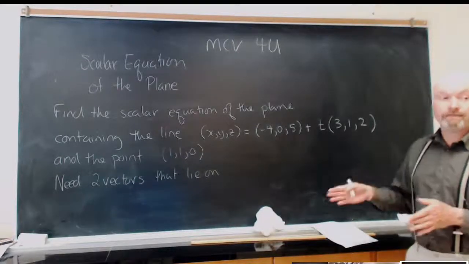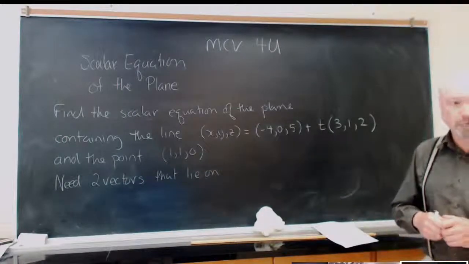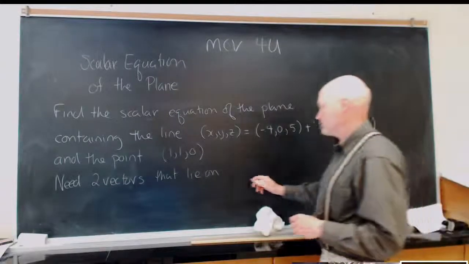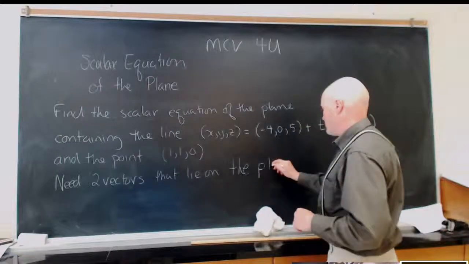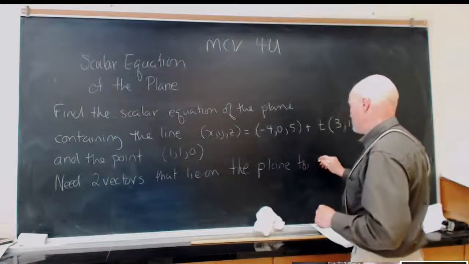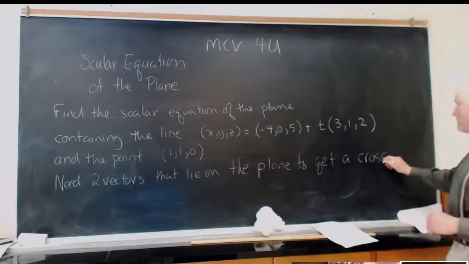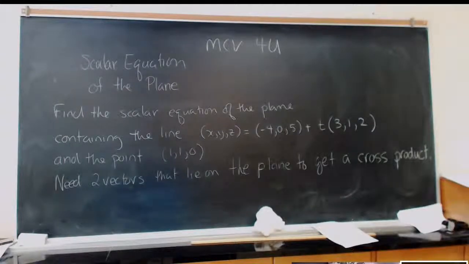But it wouldn't be a vector that's on the plane, or more accurately, a vector that's parallel or in the direction of the plane. So we need two vectors that lie on the plane so that we can take a cross product and find the normal.